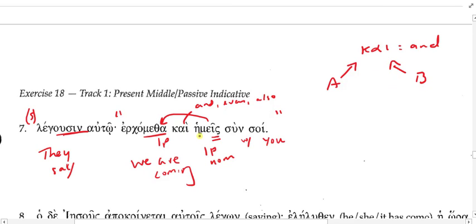So here, I don't have a pronoun that Kai is joining with this pronoun. If it had been something like, "we are coming," they and we with you, then I'd want to translate it as "and." But when I have a Kai, but not two things of sort of equal value or rank to join with the Kai, then I want to be thinking of one of these other ways of rendering the Kai, which would be "even" or "also."